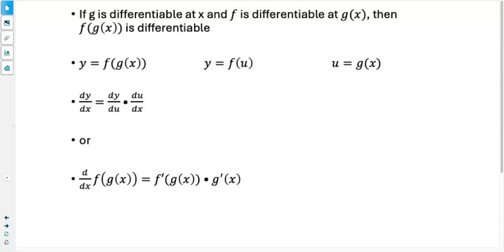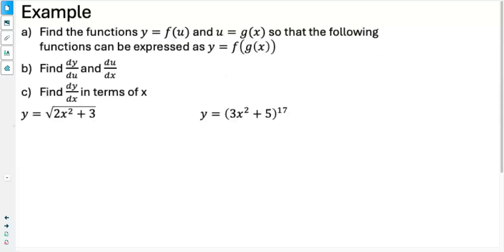So we'll do some examples where we break the function y equals f of g of x into two separate functions: y equals a function that relies on u, and another function where u is equal to g of x. So for example, find the functions y equals f of u and u equals g of x so that the following functions can be expressed as y equals f of g of x.